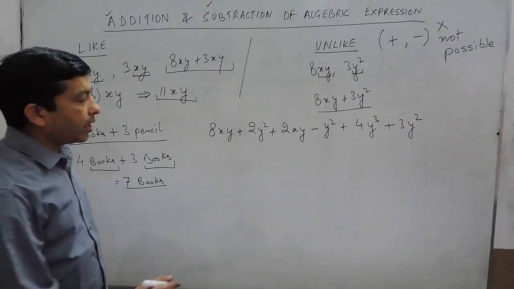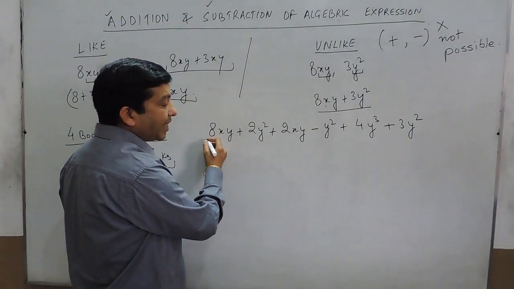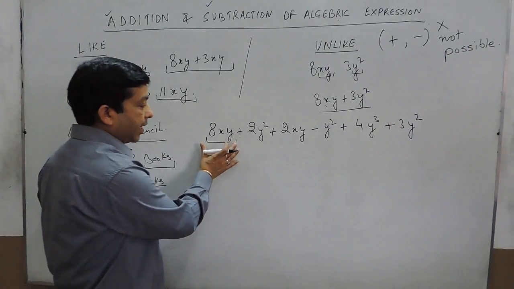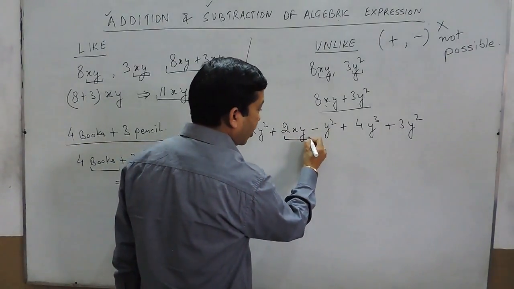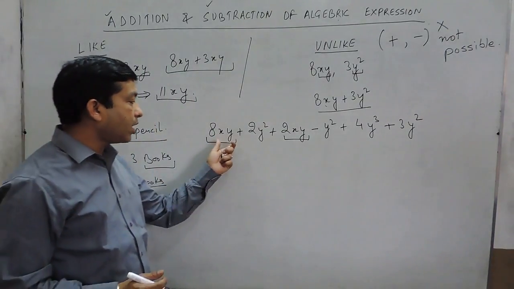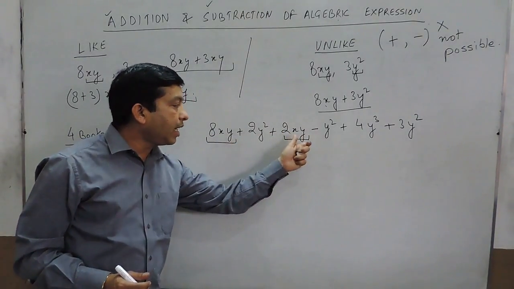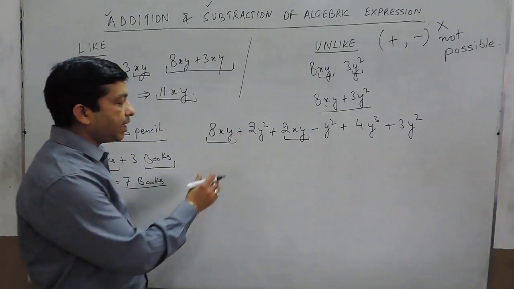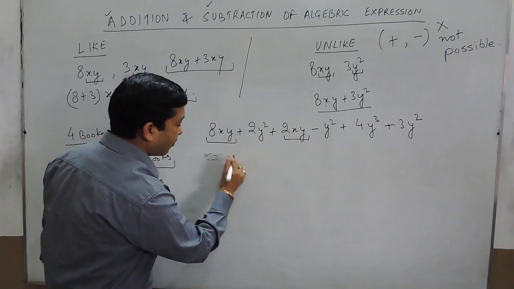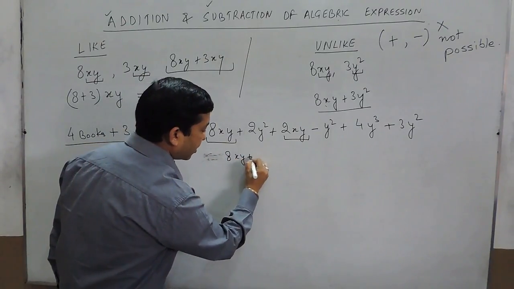First of all, we have to see which terms are like terms. Here 8xy and 2xy are like terms because the literal terms attached to these two are the same. So here I can put 8xy plus 2xy.